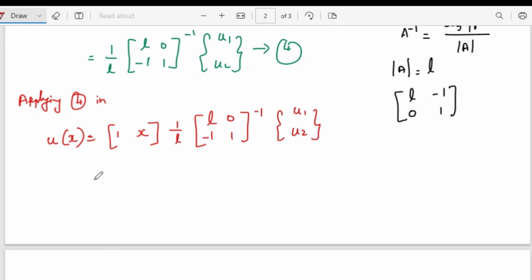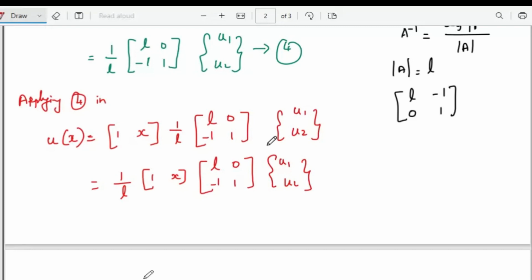So we just need to multiply it, that's all. So 1 by L into, sorry, this inverse I have already taken, 1 x multiplied by L 0 minus 1 and 1 into u1 and u2.